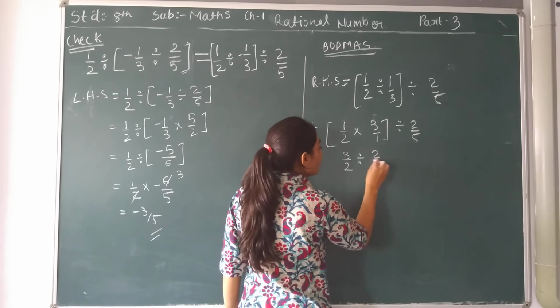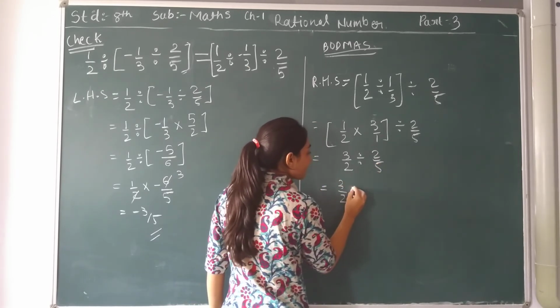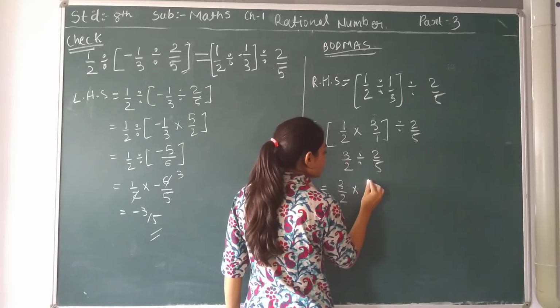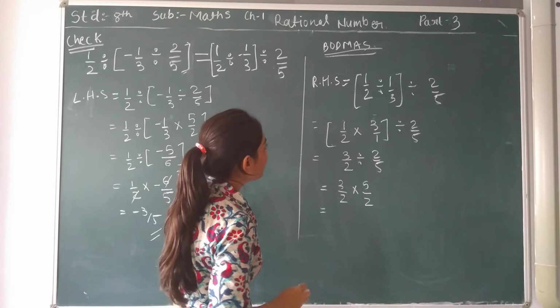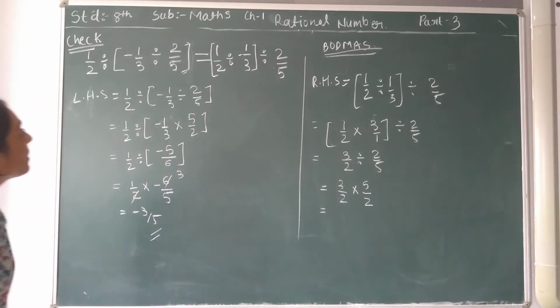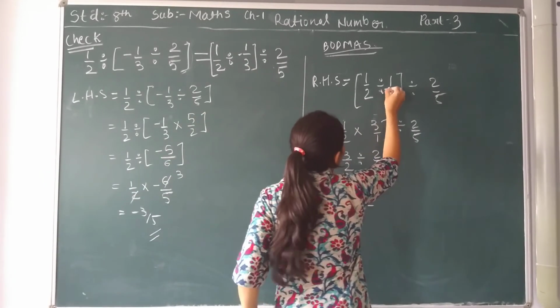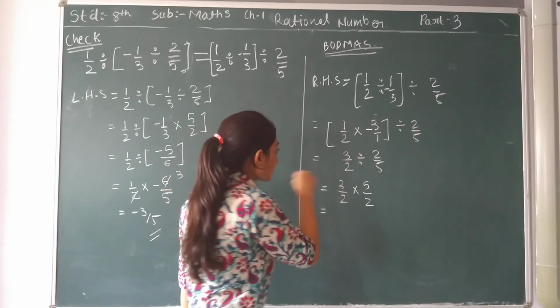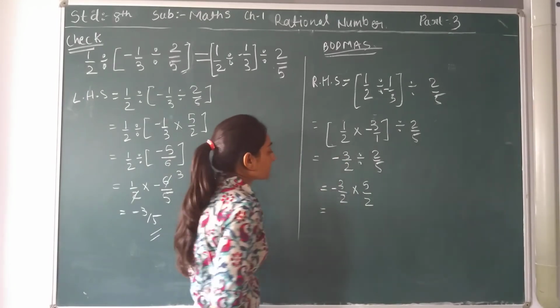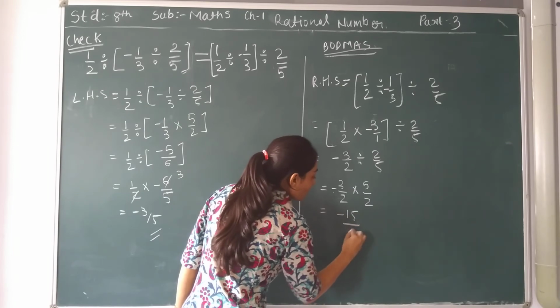Okay. Now 2 upon 5. Now take the reciprocal of this one. So the reciprocal of this one is 5 by 2. Okay. So nothing is common. Okay. Here is my minus. Okay. So the answer is minus. Okay. Now take the minus 50 upon 4.